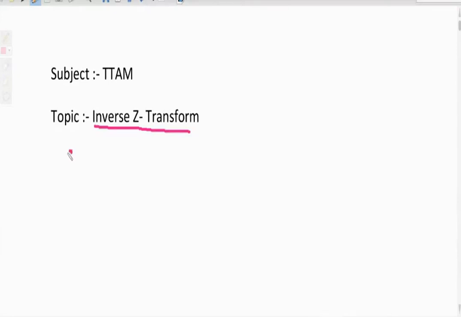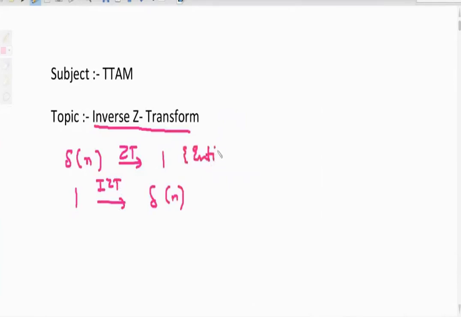We have seen the Z transform of delta n. Delta n has Z transform 1. So what will be the inverse Z transform of 1? Its inverse Z transform will be delta n, and the ROC is the entire Z plane.